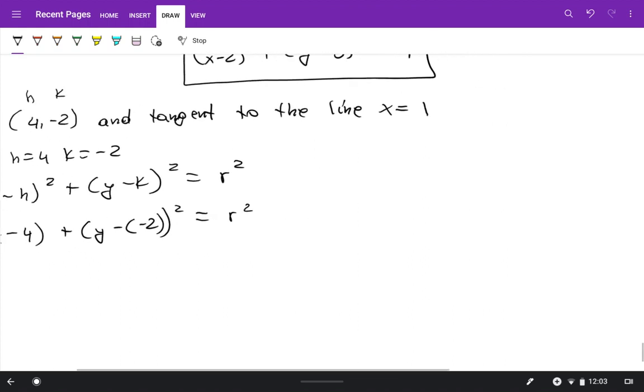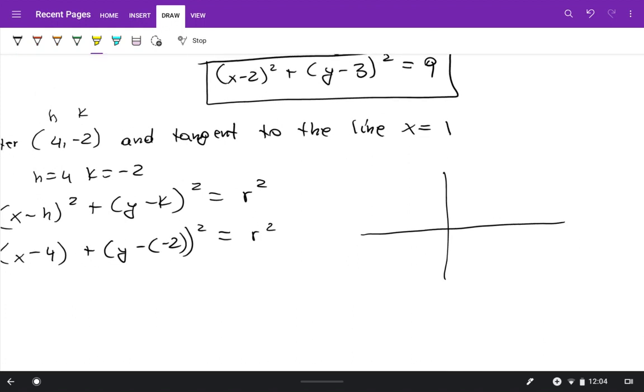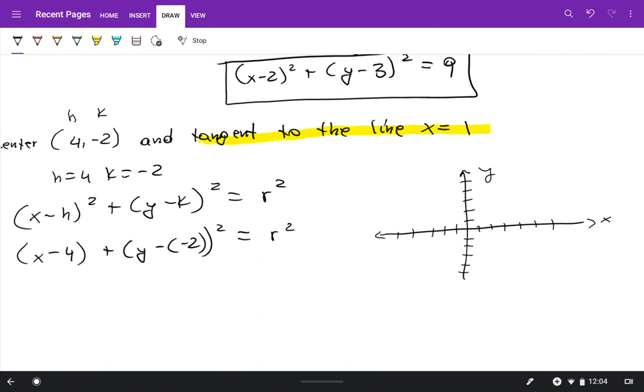And to find that radius, just graph it. In this case, we're saying that your circle is tangent to the line x = 1, which means your circle touches the line x = 1. So this is what you're going to do. The center is (4, -2): 1, 2, 3, 4, comma negative 2.